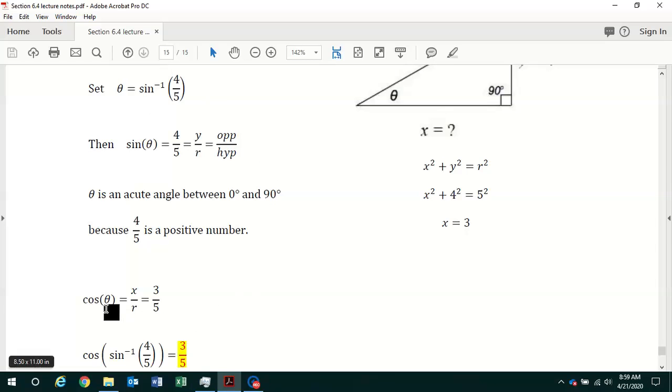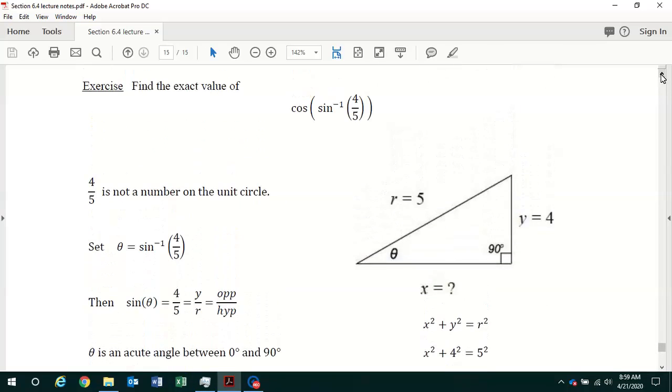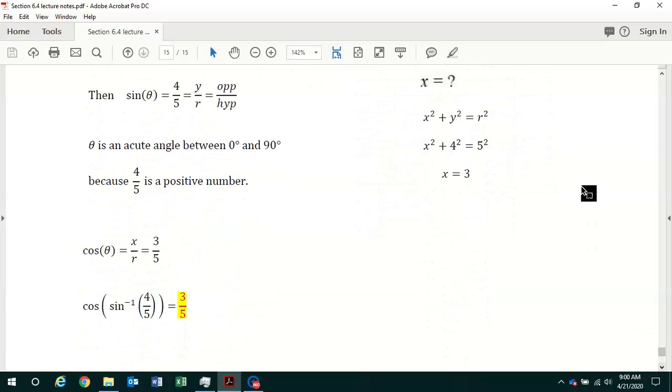So we replace theta here with the inverse sine of 4/5, and we have the cosine of the inverse sine of 4/5 is equal to 3/5. And that's what we were asked to find up here, the cosine of the inverse sine of 4/5. And so using this right triangle, we found the value of that composite. The cosine of the inverse sine of 4/5 is equal to 3/5.